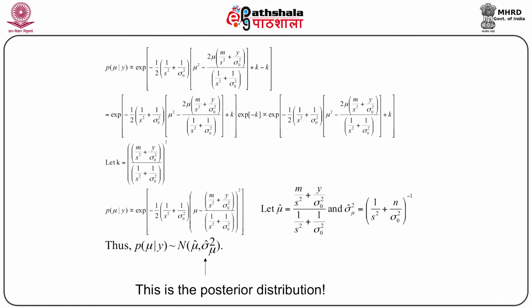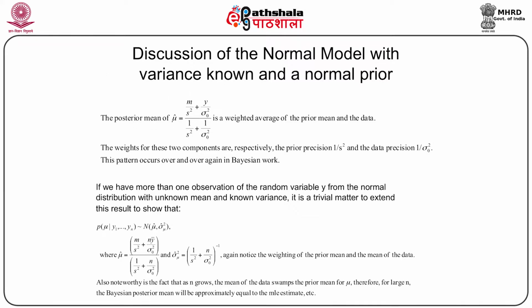Then we do some cancellation of terms, and finally we simplify to get that expression. In this slide you see that after all the simplification, the posterior distribution of mu given y will be simply normal with mean mu hat and variance sigma hat square sub mu. This is the final answer for the posterior distribution of mu.